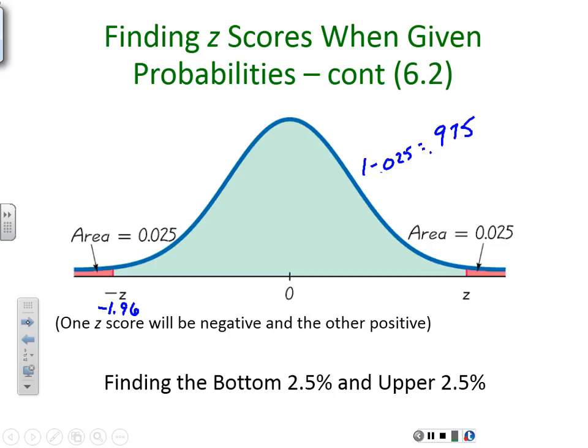This time we'll be on the positive z-scores. And what are we getting? Good, 1.96.